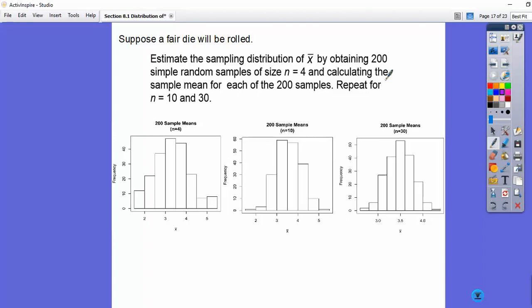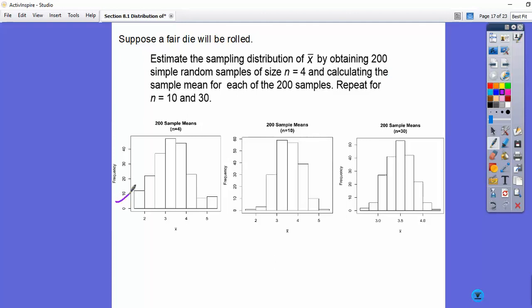This one, if I did 10 dice at a time, so I'm going to roll 10 times, get the sample mean, and repeat that, then it looks like this. If I did 30, so roll it 30 times, get the sample mean. All of these look normal, and is it getting more or less normal as I go on? Yeah, this is getting closer and closer to being normal.